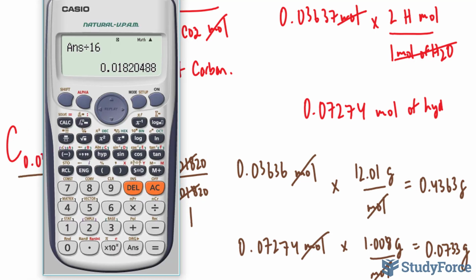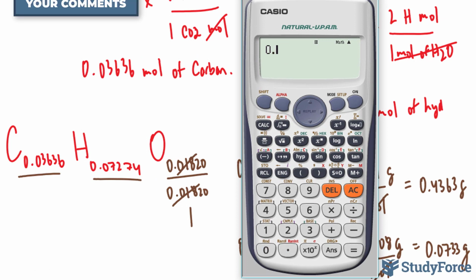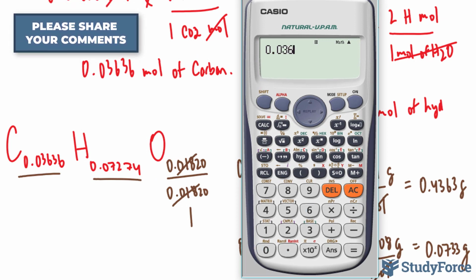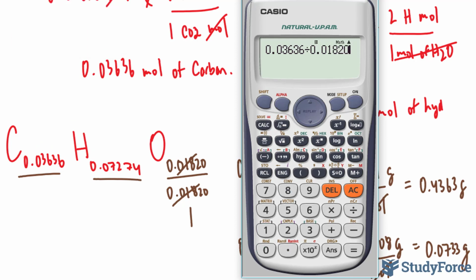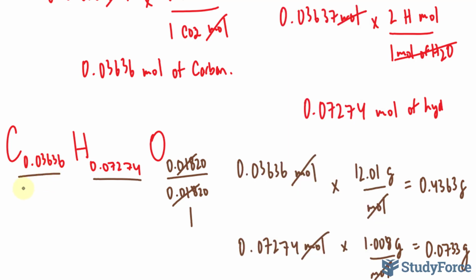Without writing it down, I'll just do it on my calculator. 0.03636 divided by 0.01820. That gives me approximately 2. So this becomes 2. We have C2.